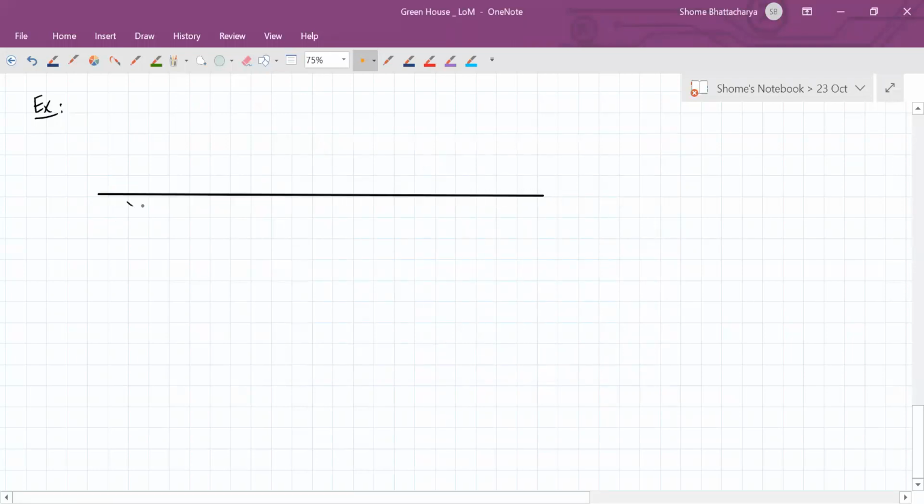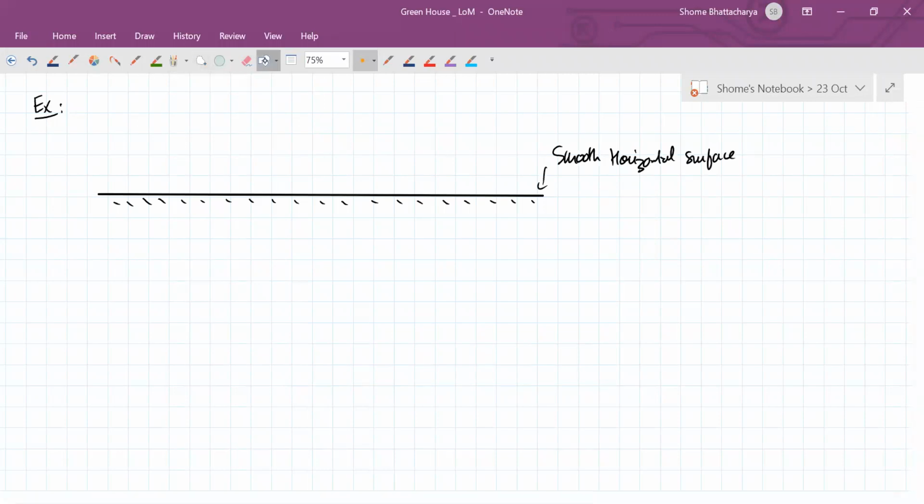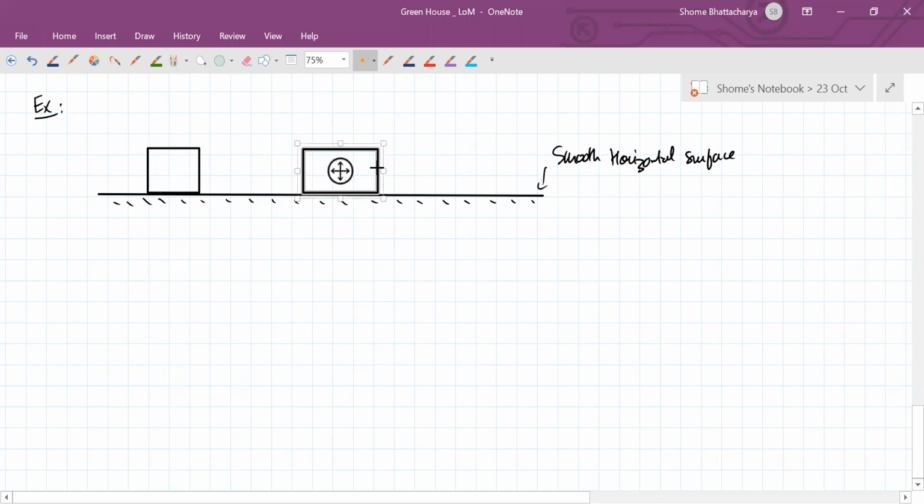On a smooth horizontal surface, I've got two separate blocks. They need not be identical also.